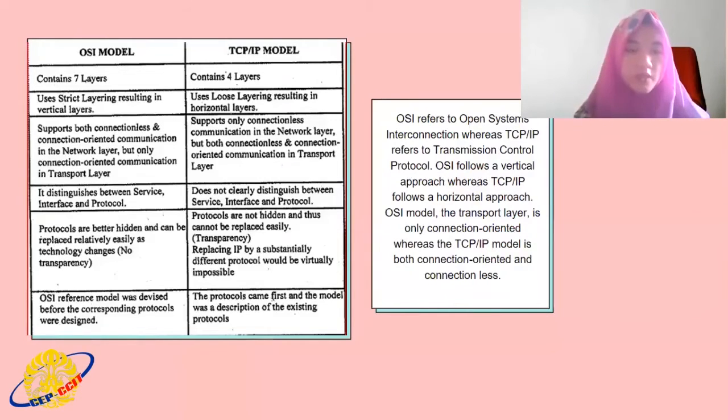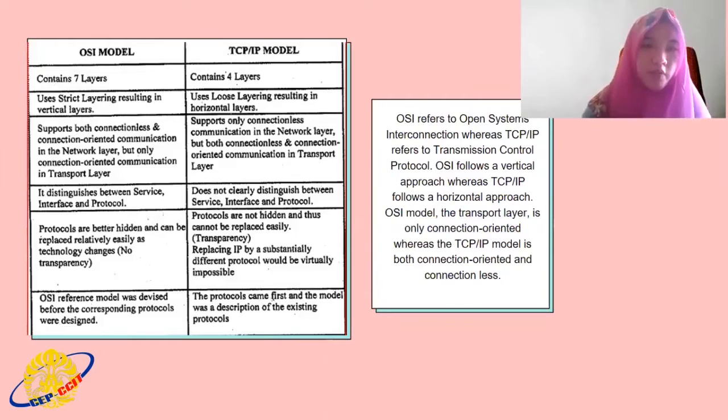The OSI model supports both connectionless and connection-oriented communication in the network layer, but only connection-oriented communication in the transport layer, whereas the TCP/IP model supports only connectionless communication in the network layer, but both connectionless and connection-oriented communication in the transport layer. The OSI model distinguishes between service, interface, and protocol, whereas the TCP/IP model does not clearly distinguish between service, interface, and protocol.